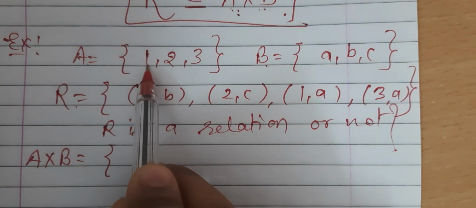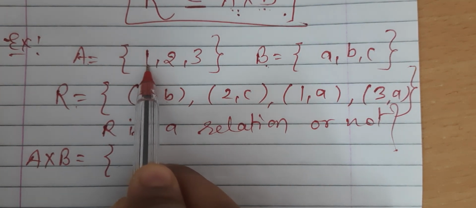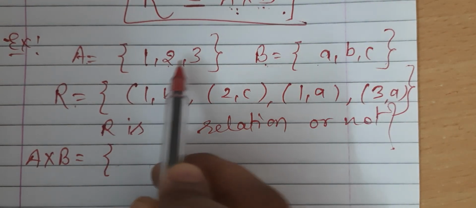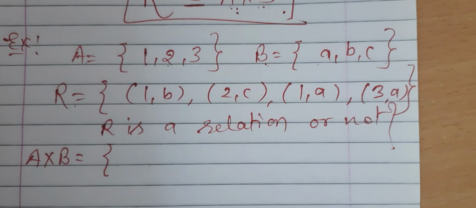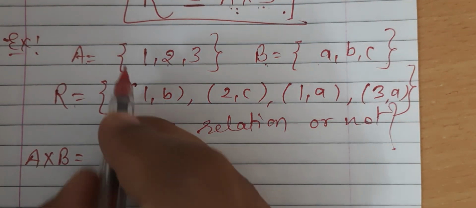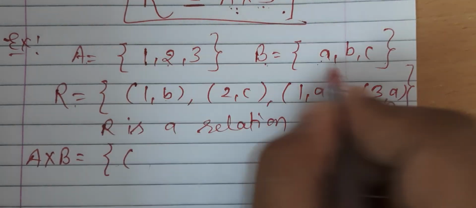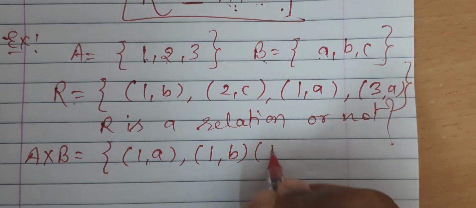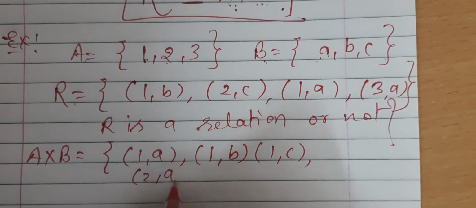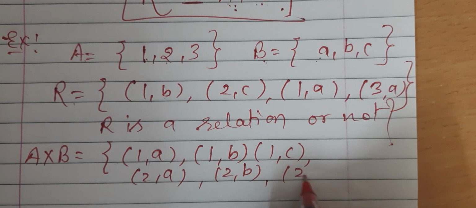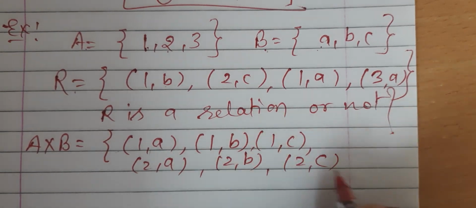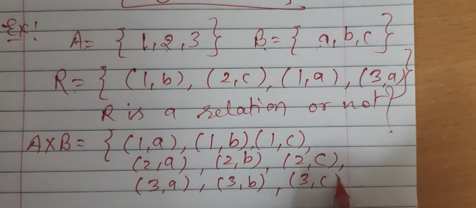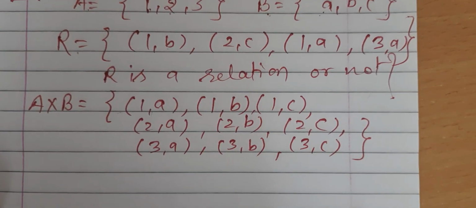First we take the first element of set A and make an ordered pair with each element of set B, and then repeat the same process for the remaining elements of set A. So (1, a), (1, b), (1, c), then (2, a), (2, b), (2, c), then (3, a), (3, b) and (3, c). So this is the Cartesian product of A and B.